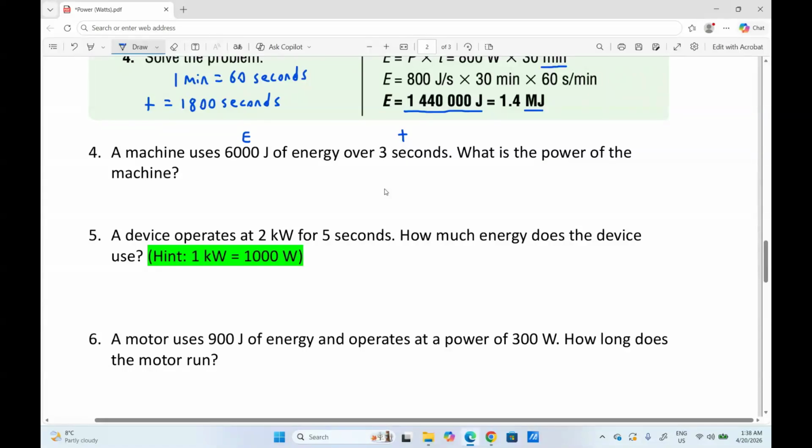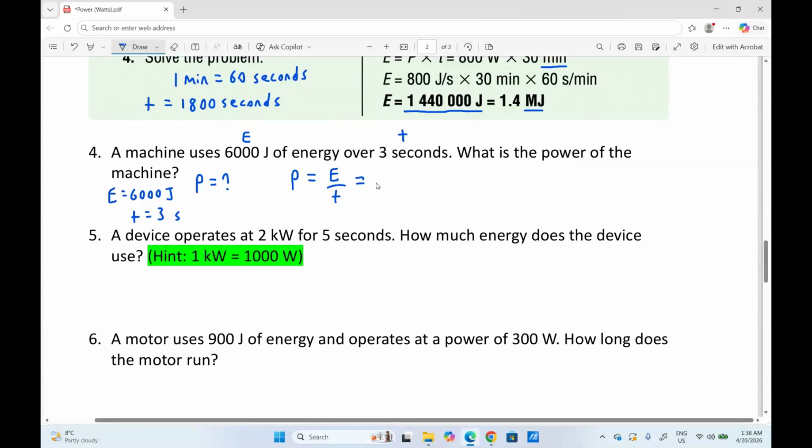So for the power of the machine, I'm looking for that, but I'm given energy and I'm given time, which is 3 seconds. I'm going to use S to represent that. Power is energy divided by time, as long as they're in the base units of joules and seconds.